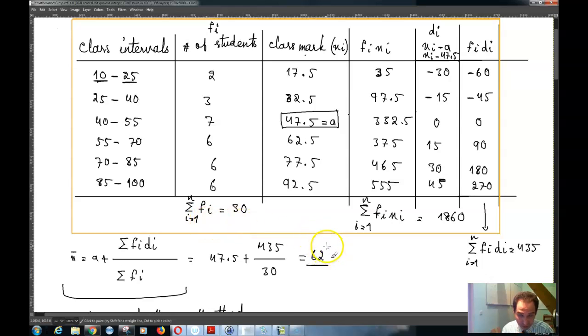And we got the mean to be 62, which was the approximation. So we had no problem with that.